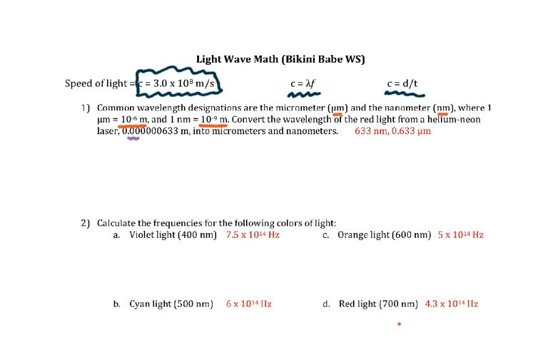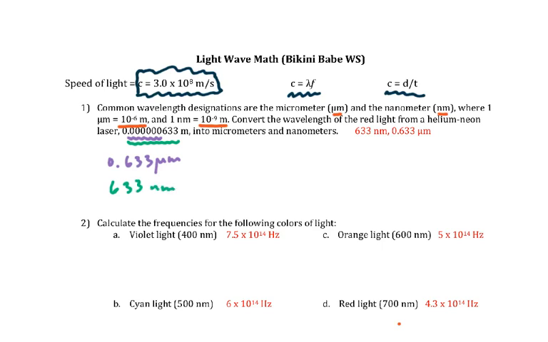So we've got 1, 2, 3, 4, 5, 6, and we see that we have 0.633 micrometers. And then for nanometers, we want to count over 9 places. So if we go with our 6 here, and then 7, 8, 9, that gives us 633 nanometers.